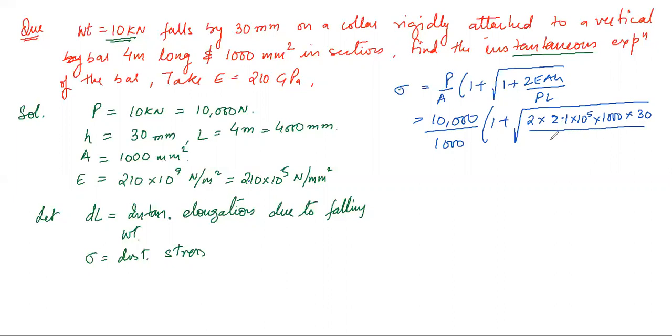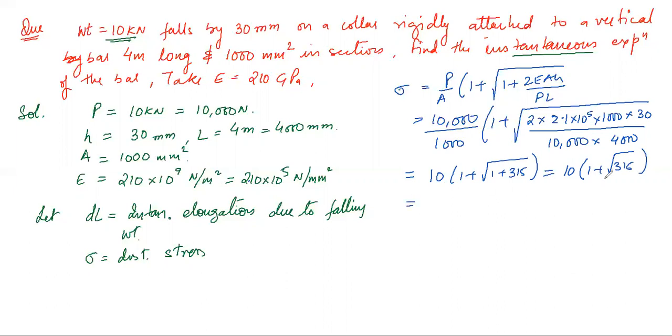Upon P, P is 10,000 into length, that is 4 meter, which is 4,000, right? So when you solve, you will get 10 times (1 plus under root 1 plus 315), which is 10 times (1 plus under root 360), right?